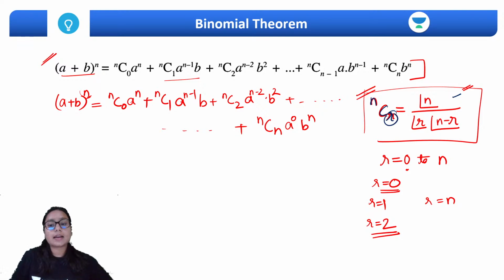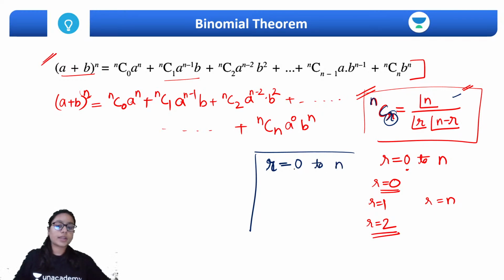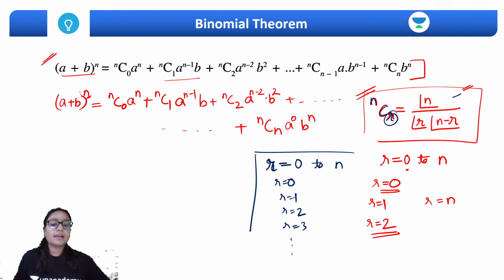This r is going to vary; I am going to change the value of r with each and every term. I will start with r as 0 and move r from 0 to n. First I'll take r as 0, then r as 1, then r as 2, then r as 3, till r as n.